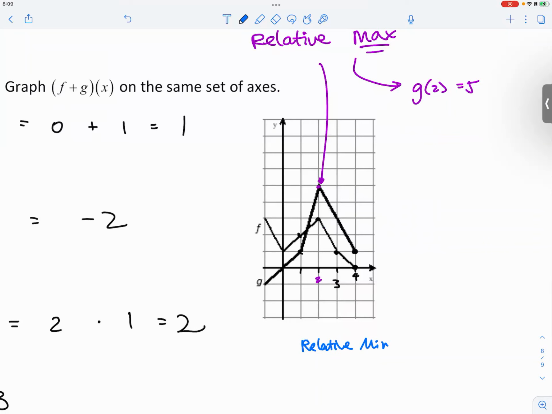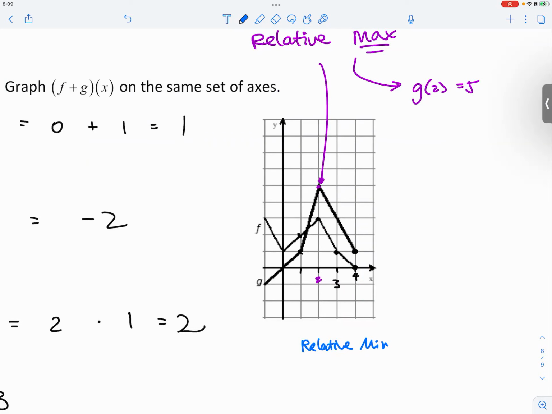Okay, so for the f function, at what x value does the relative minimum occur? This is not considered a relative minimum. 3 would not be a relative minimum. I will talk about what 4 is in a moment.